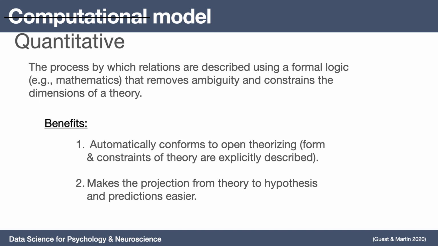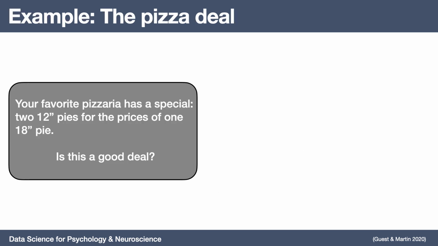Now, in order to illustrate why adopting a quantitative theory is beneficial, Guest and Martin use a toy example. Let's say that your favorite pizzeria has a special: two 12-inch pies for the price of one 18-inch pie. Is this a good deal? Now, an informal, colloquial verbal theory usually goes through this kind of logic.